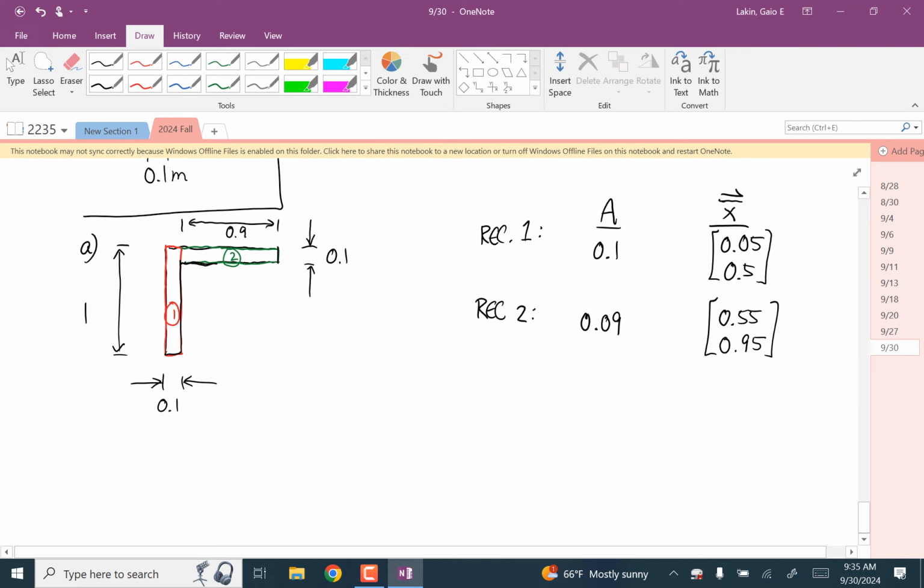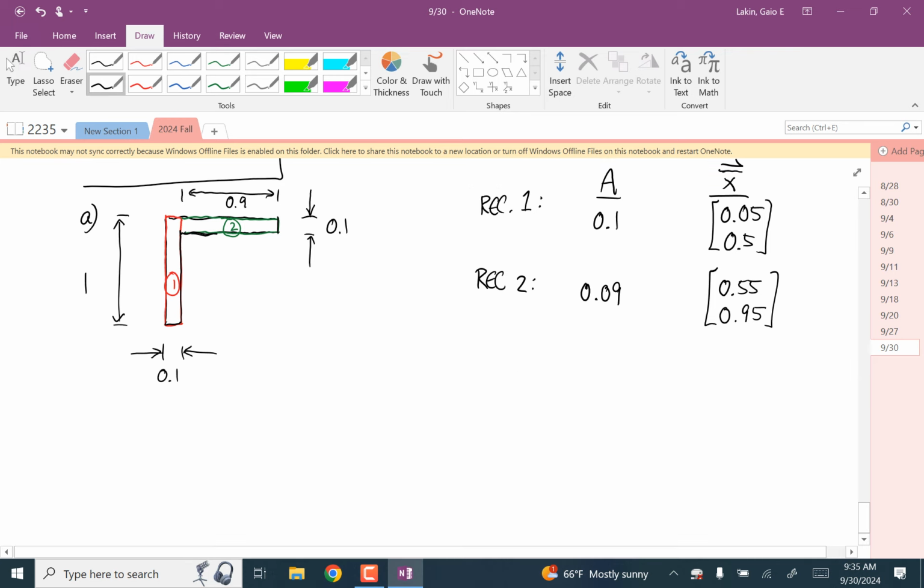And now it's just a matter of putting it into the sum formula. So x bar, y bar is equal to 1 over the total area. Add these up, it is 0.19.